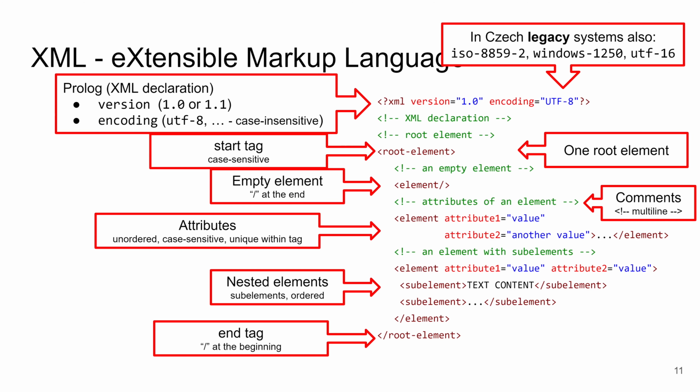Finally, the green text is comments. Comments in XML can be multi-line, and they start with the symbols you can see in the slide, and they end again with the symbol dash dash and greater than, as you can see.